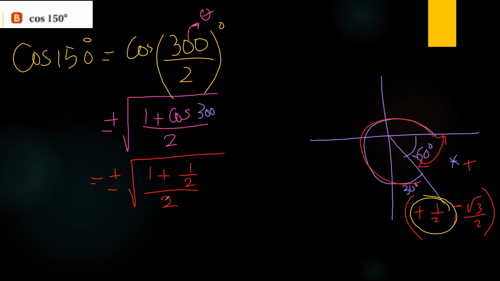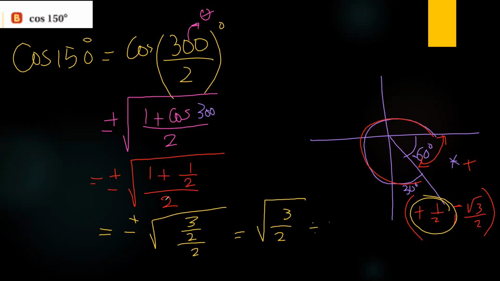Then I evaluate it in the identity that I have here. So what did we have? Positive or negative square root of 1 plus half, which is 3 over 2, over 2. So it is square root of 3 over 2 divided by square root of 2, or square root of 3 over square root of 2 multiplied by 1 over square root of 2, which is square root of 3 over 2.